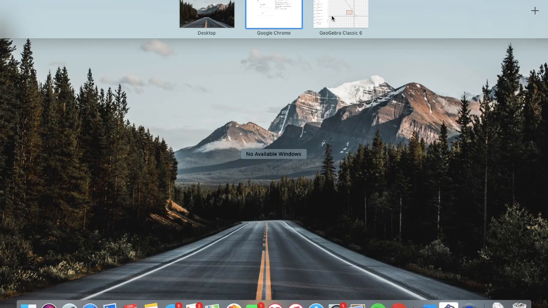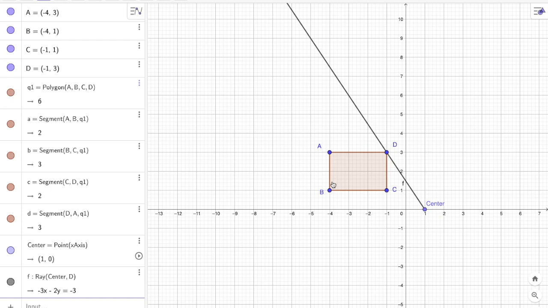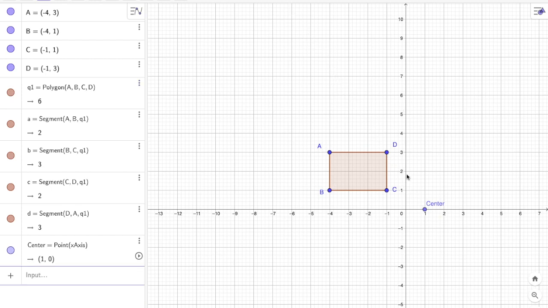Okay, so let's apply what we did there to this example that we have. So our goal right now is trying to dilate this rectangle right here by a scale factor of 3 using this point as a center of dilation.